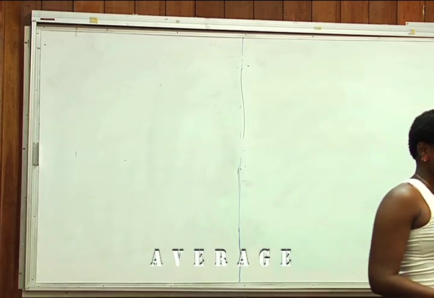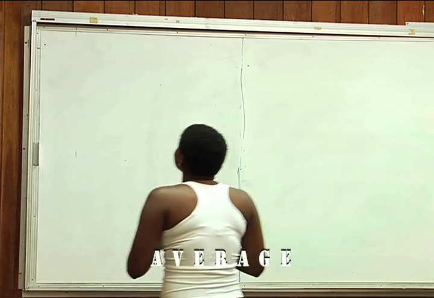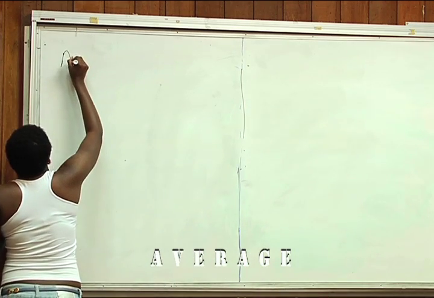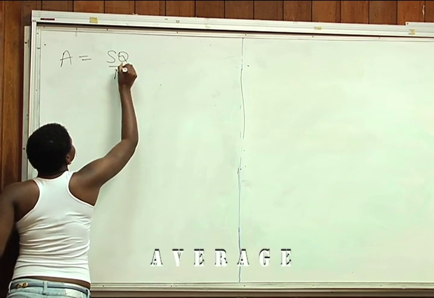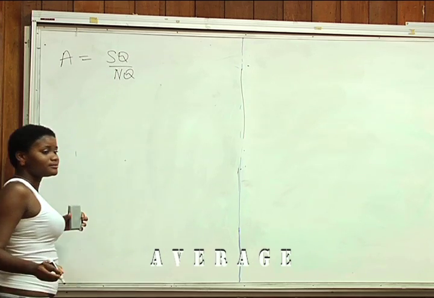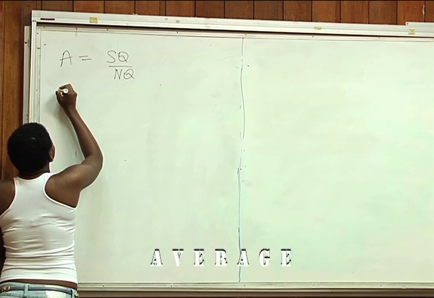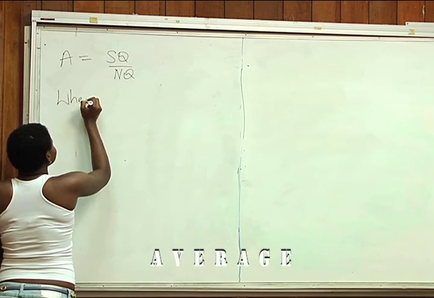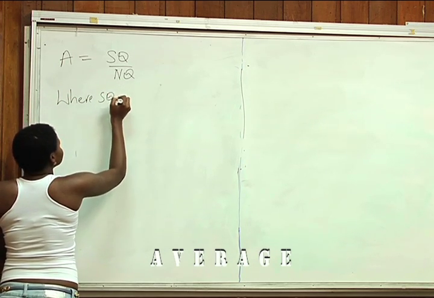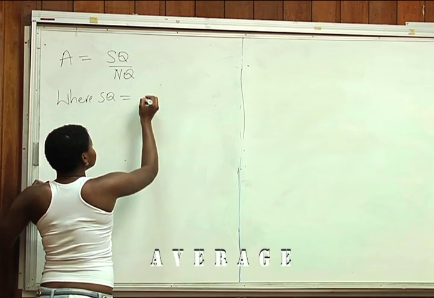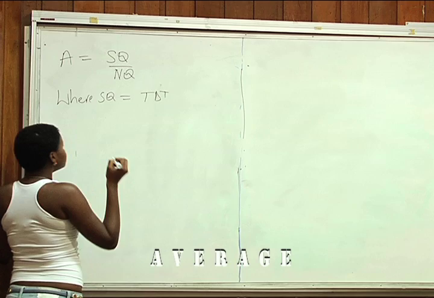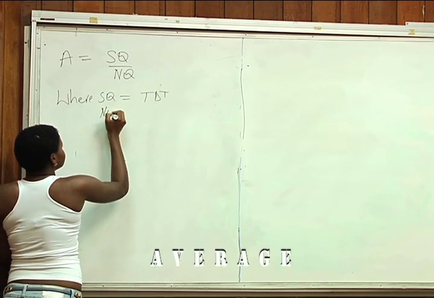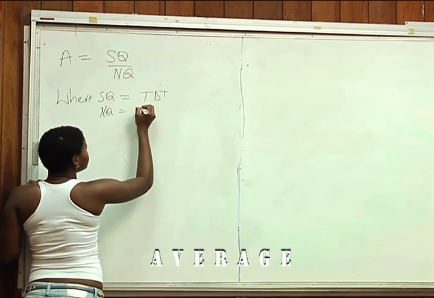What's the formula for average speed? Average speed, where SQ equals total distance traveled and NQ equals total time taken.